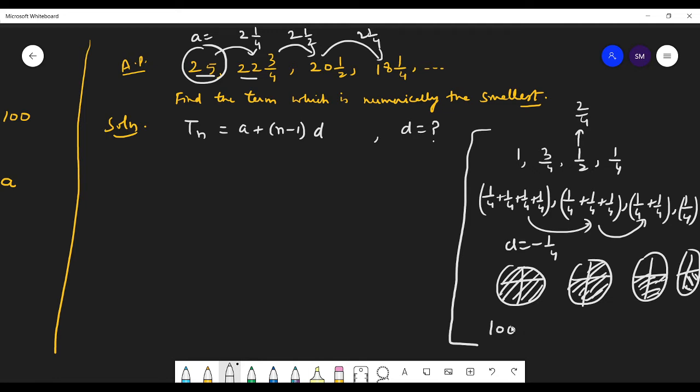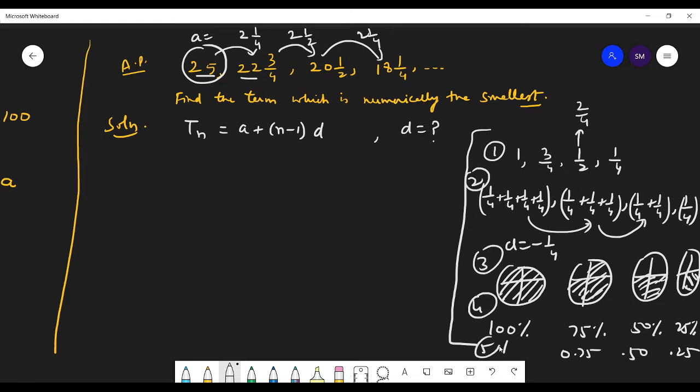You can call it 100%, 75%, 50%, and 25%. You can call it 1, 0.75, 0.5, 0.25. These are the same thing, written in different ways: one way, second way, third way, fourth way, fifth way.